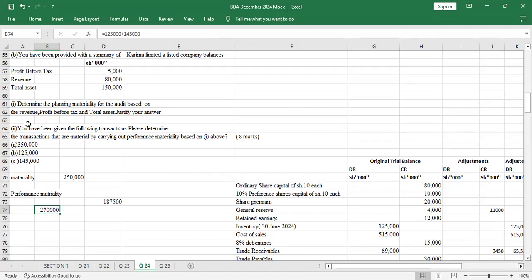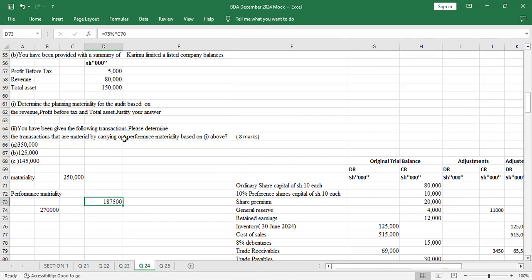So when you aggregate these two values under performance materiality, you can see this value, 270,000, is greater than 187,500. So what does that mean? That means that even these values are material when they are aggregated. When you add the two, and that's what we call performance materiality. They are greater than this value.